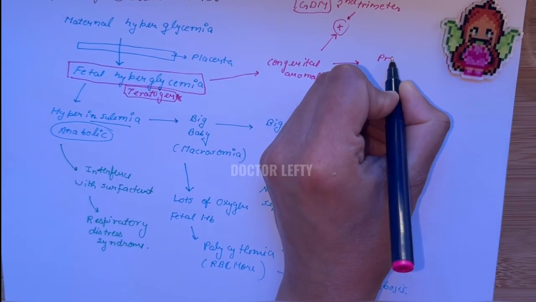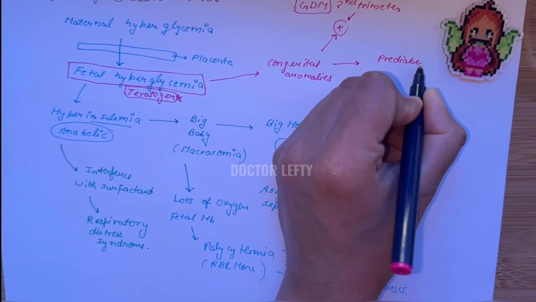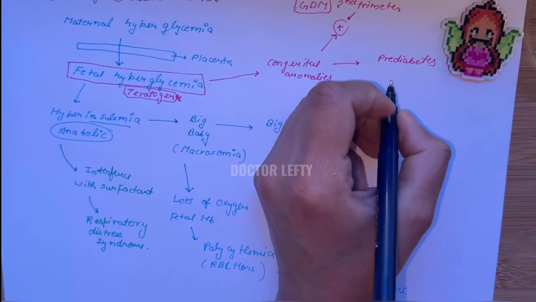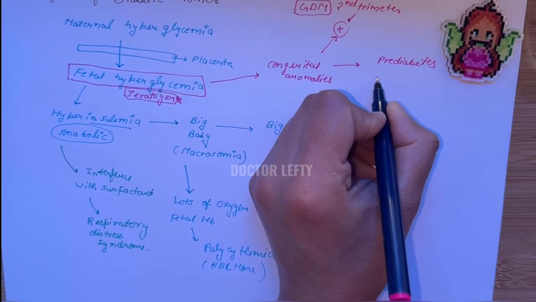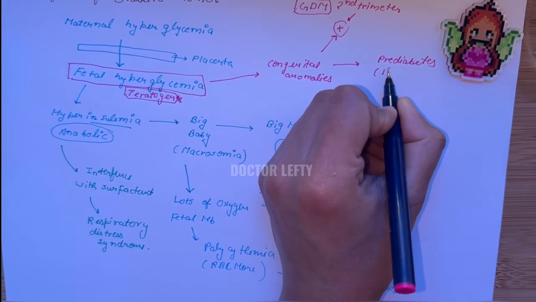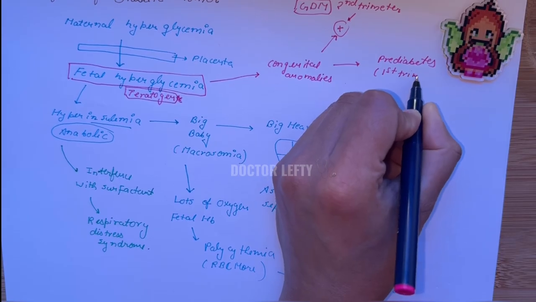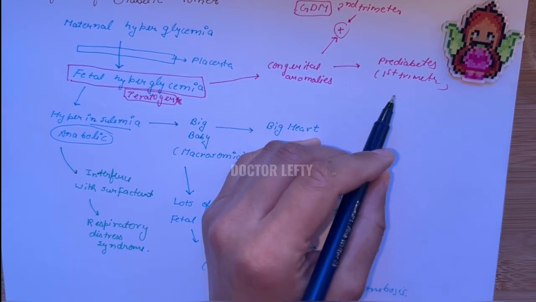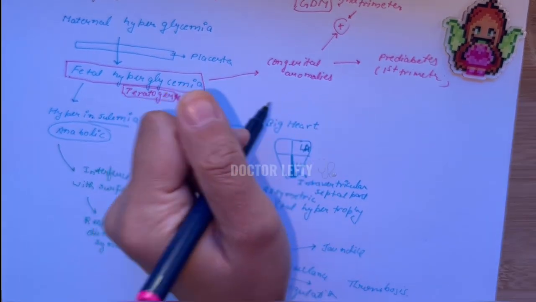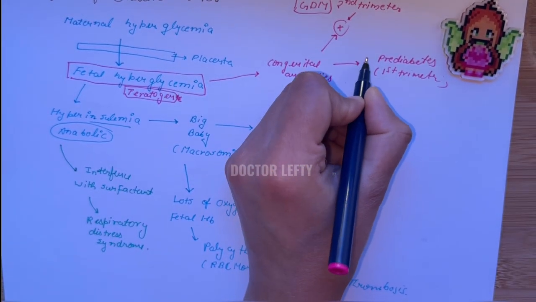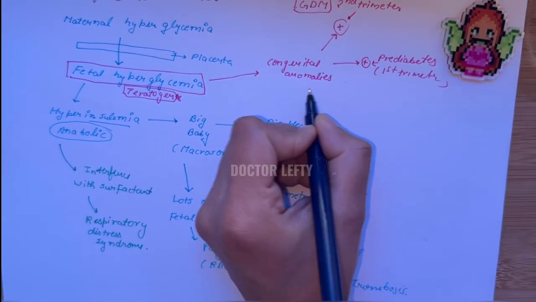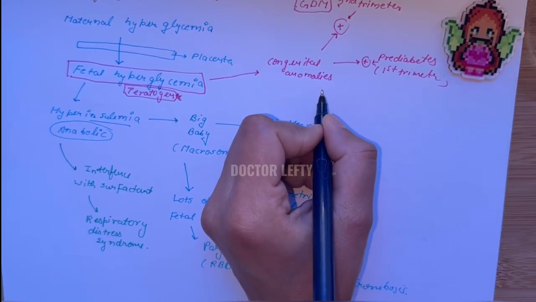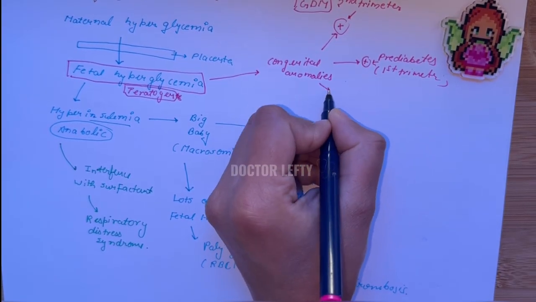Now, if the mother is pre-diabetic or overt diabetic, then the baby will acquire these congenital anomalies during the first trimester. That means the mother was diabetic before the pregnancy, that is pre-gestational with uncontrolled diabetes mellitus.